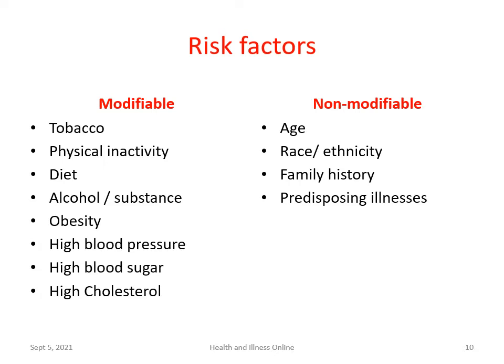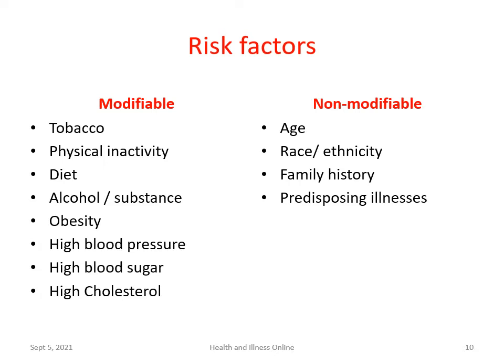There is nothing that one can do about it. So that is a non-modifiable risk factor, except to know that this can happen with increasing age. Race and ethnicity: there are certain diseases which are more common, for example, in the Chinese or in the black or African population or in the Ashkenazi Jews, and so on and so forth.